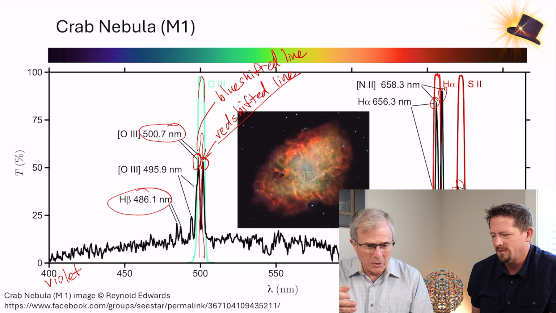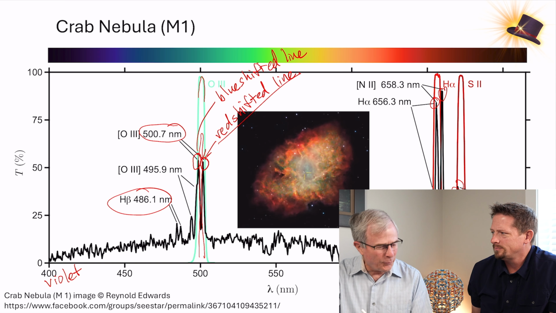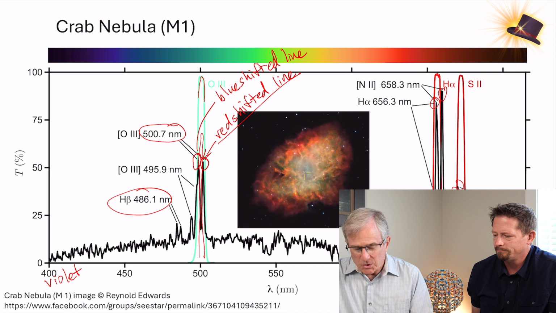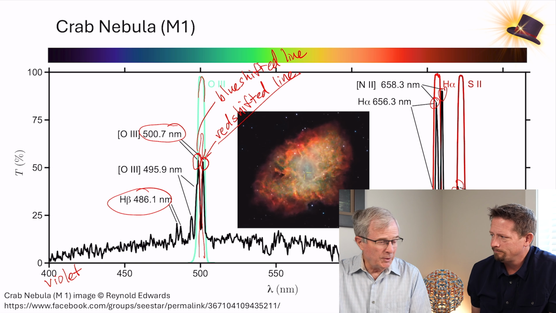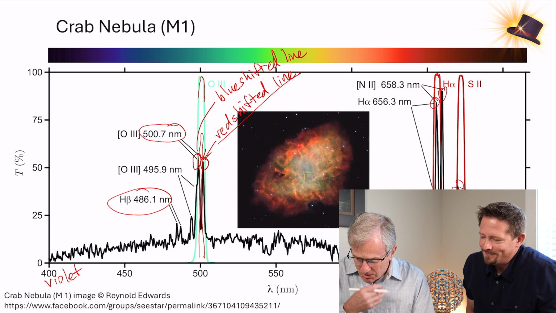If you understand the scientific foundations, that's what this whole book is about, then you can make informed choices about your equipment. We have these 2.5 nanometer filters, but I think we'll probably want to get some that are 8 or 10 nanometers, which is nice because they're cheaper than the 2.5 ones.